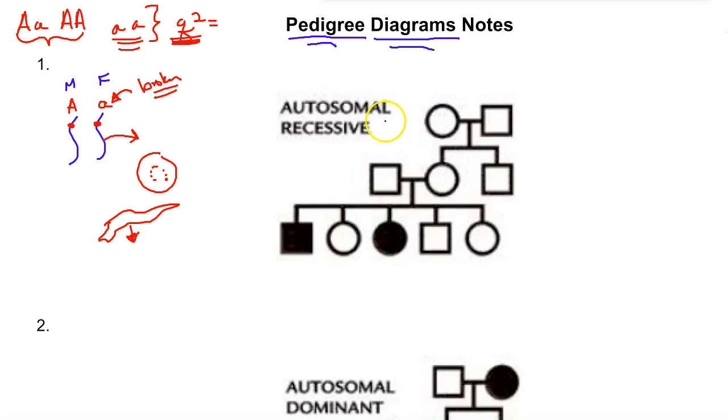These diseases are not carried on the X or Y chromosome, they're carried on the autosomal, non-sex-linked chromosomes. Now, very important, and this is really important as you look through these non-sex-linked disorders, what you're going to see is that the number of males and females that can have these diseases is proportionate. So that's one way to see that. So this is autosomal non-sex linked.